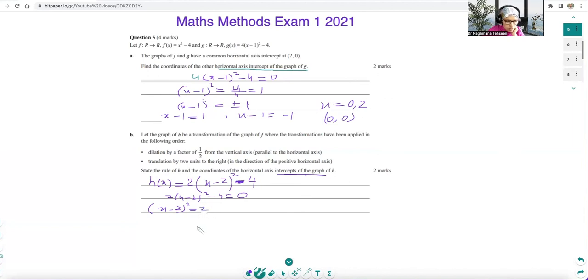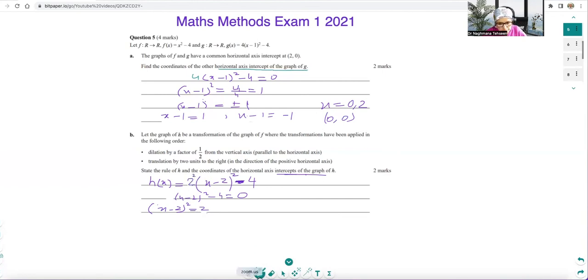And then we simplify that, x minus 2 squared as well there.